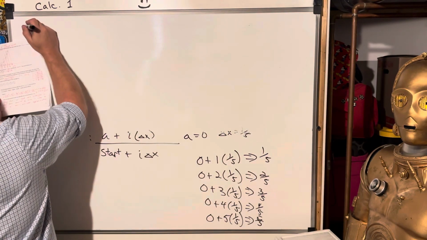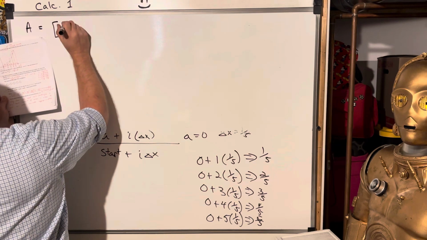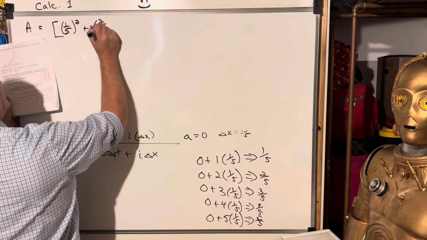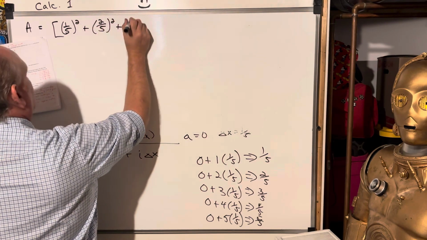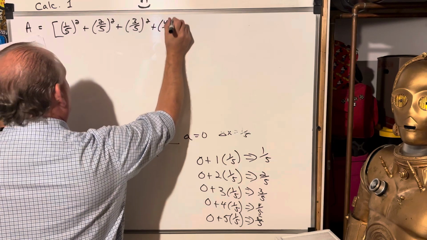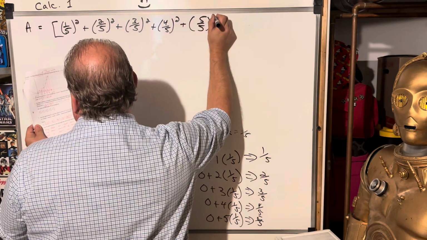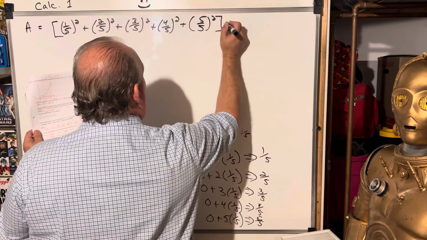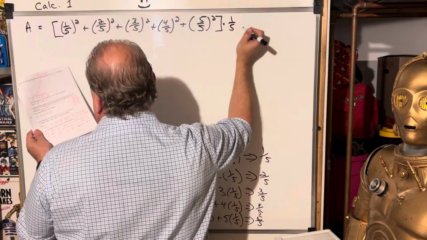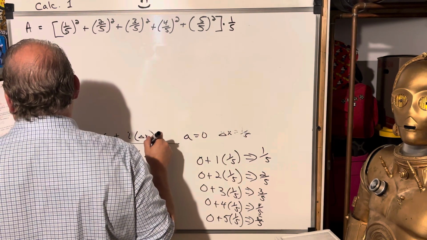So what that looks like is the area is going to equal 1/5 squared plus 2/5 squared plus 3/5 squared plus 4/5 squared plus 5/5 squared, all times, so add all those up and then times it by the width, which is 1/5. And so what do we end up with?